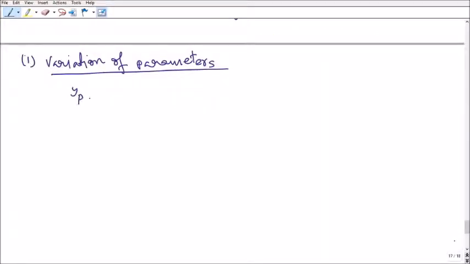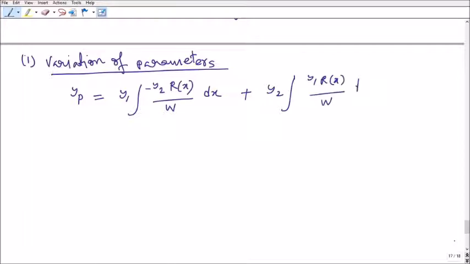So the formula is yp is equal to y1 integration minus y2 into r of x by w into dx plus y2 into y1 r of x by w into dx.